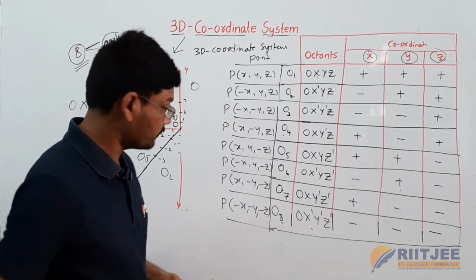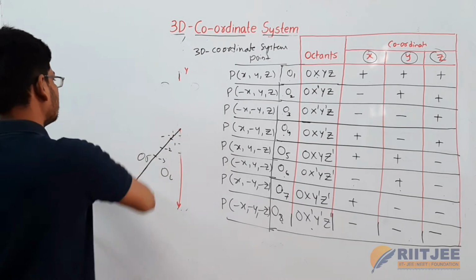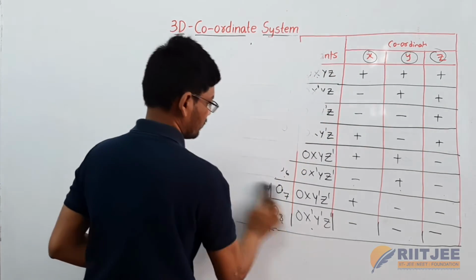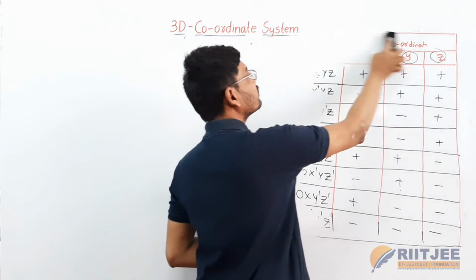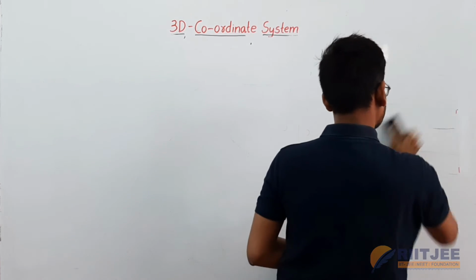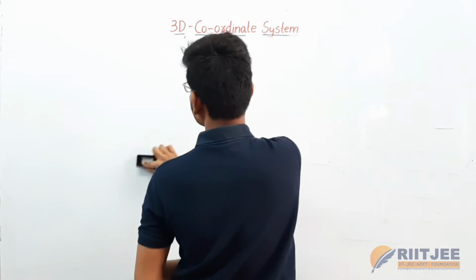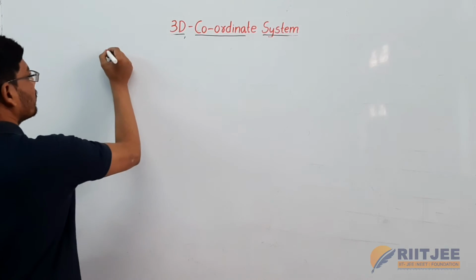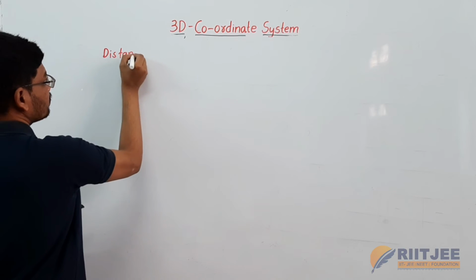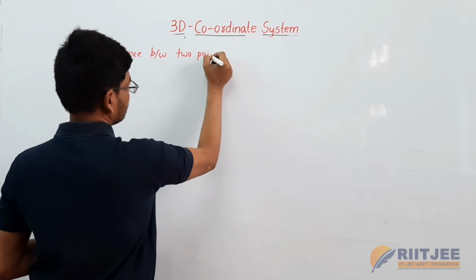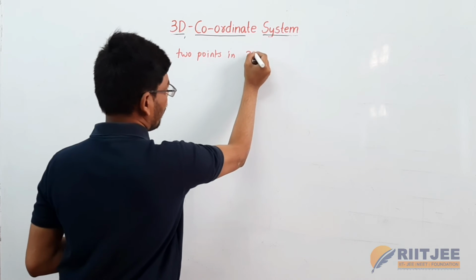And the next point is the distance between 2 points in a 3D coordinate system.